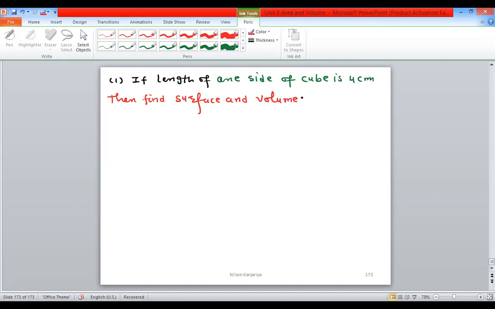This is just a use of the formulas. The first example always shows the use. So what is given? You have a cube. This is your cube, whose all sides are equal.